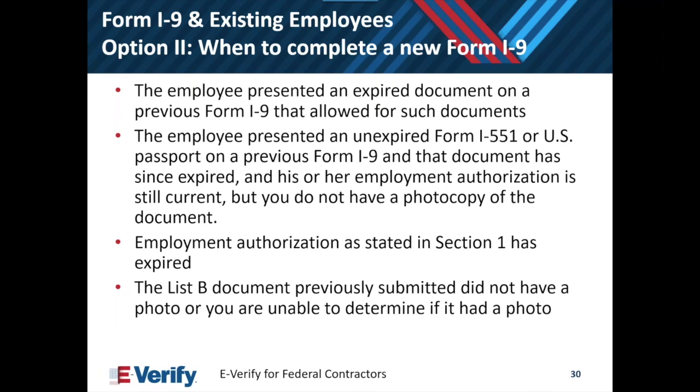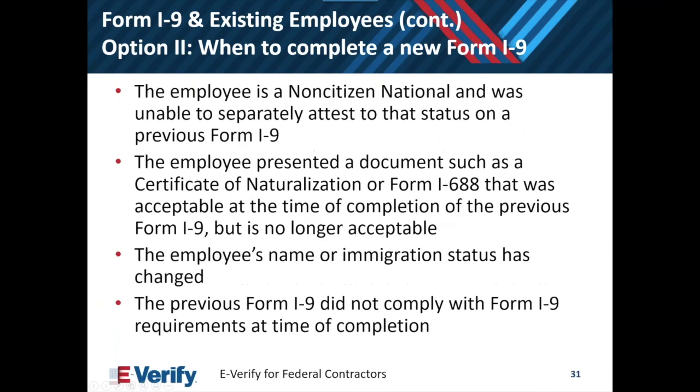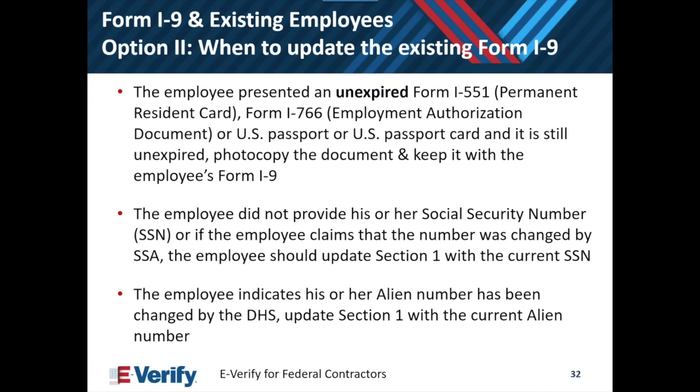So the first slide here and the next one are when to complete a new Form I-9 for those existing employees. The next two slides are for when to update an existing Form I-9. So again, there's a lot of points here. Of course, this is all for option 2.